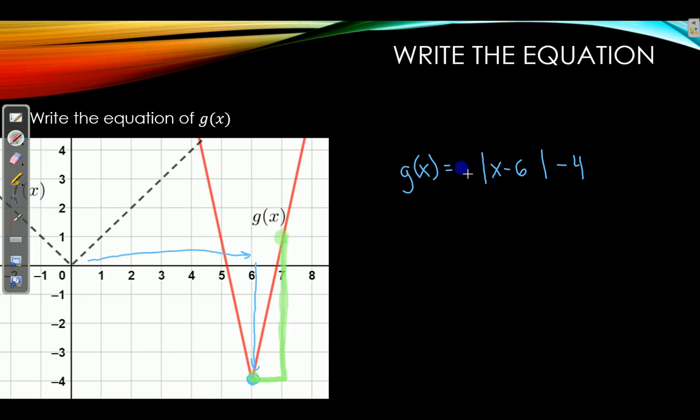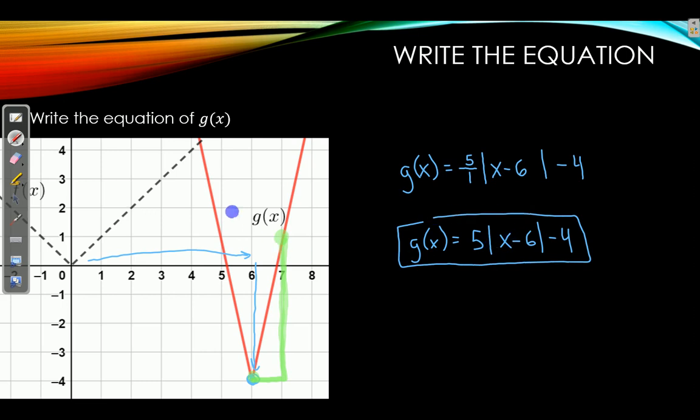So we have a run of 1 and a rise of 5. So 5 over 1. Now we'll just simplify that. We don't usually put the 1 on the bottom in our final answer because you don't need it. 5 divided by 1 is just 5. Absolute value of x minus 6 minus 4. So there is our final equation.